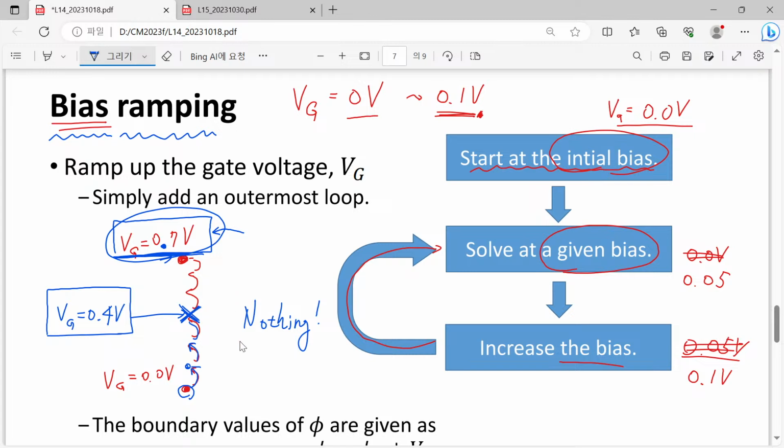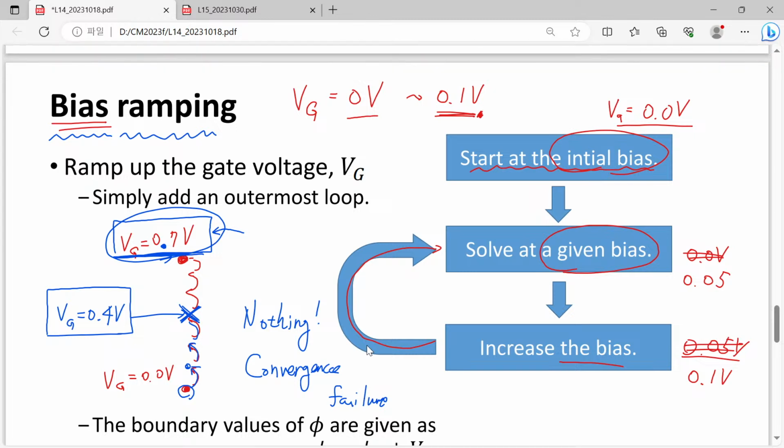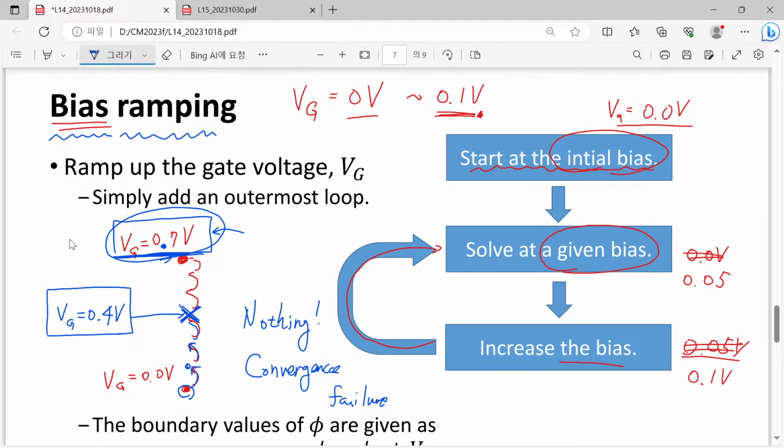So in most cases, convergence failure means the failure of your entire simulation flow. That's the reason why we are quite afraid of convergence failure.